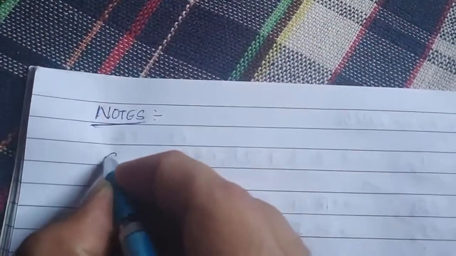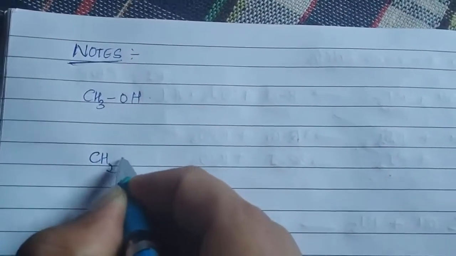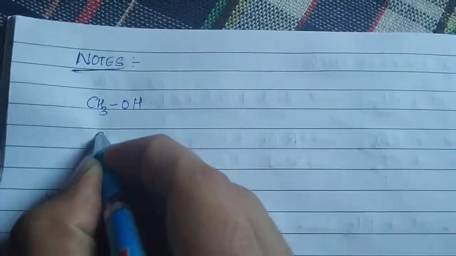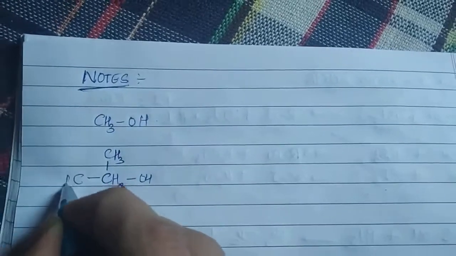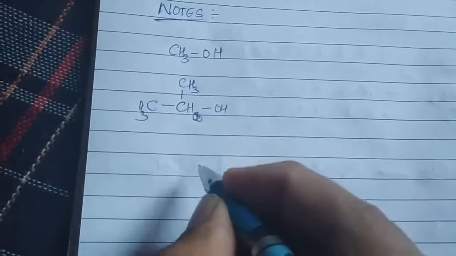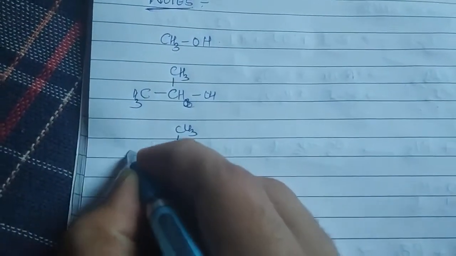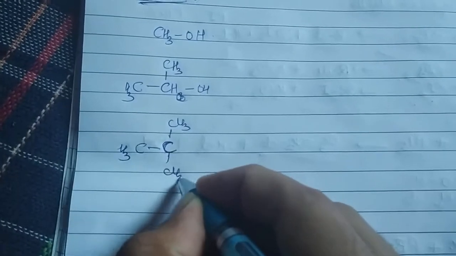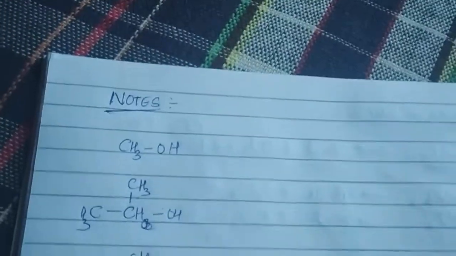But the question arises: in case I have CH3OH as one alcohol, and another, and one more, so these are the three alcohols I am having.